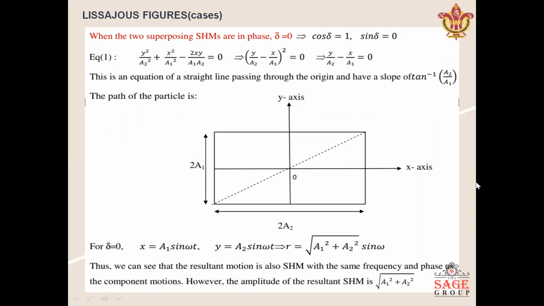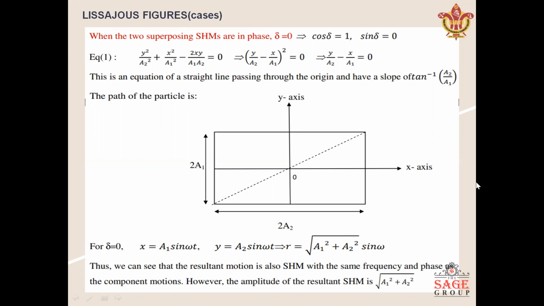Before describing the different cases of the Lissajous figure, I have already told you in the previous lectures what a Lissajous figure is. A Lissajous figure is obtained when there are two simple harmonic motions in perpendicular directions of the same particle, so we can get different kinds of curves, straight lines, and different possibilities of figures depending upon the conditions.